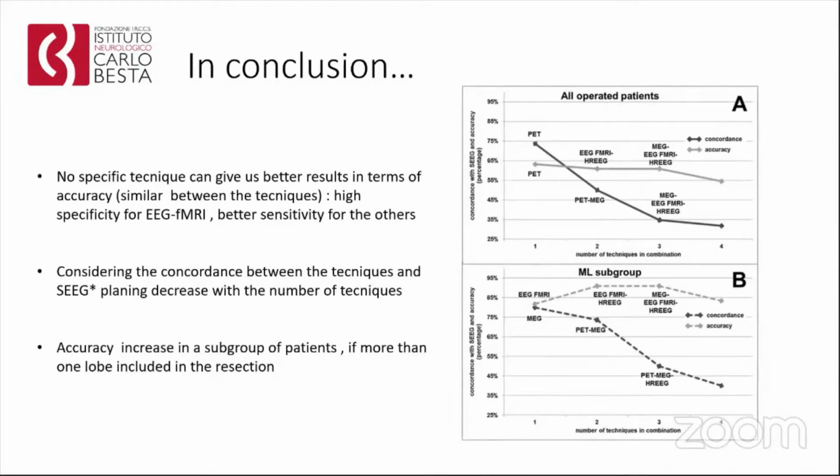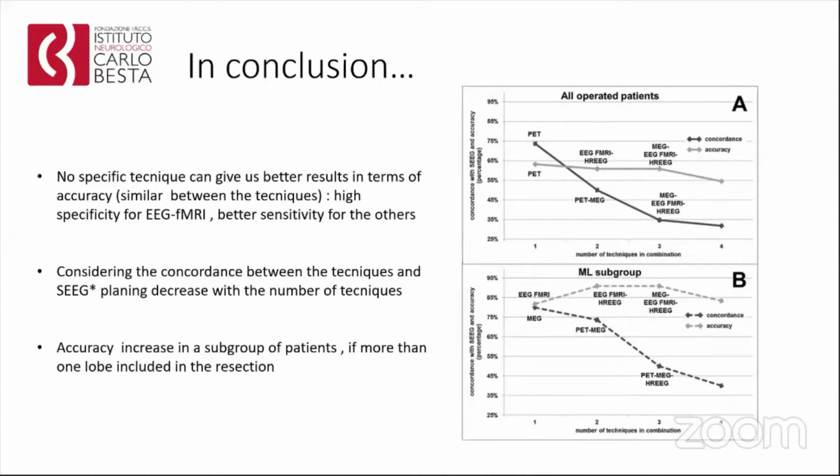What is useful is, in the second group, the accuracy that increases. In case of discordant results, it can be helpful to decide not to undergo surgery, because it can be a sign of a poor outcome.